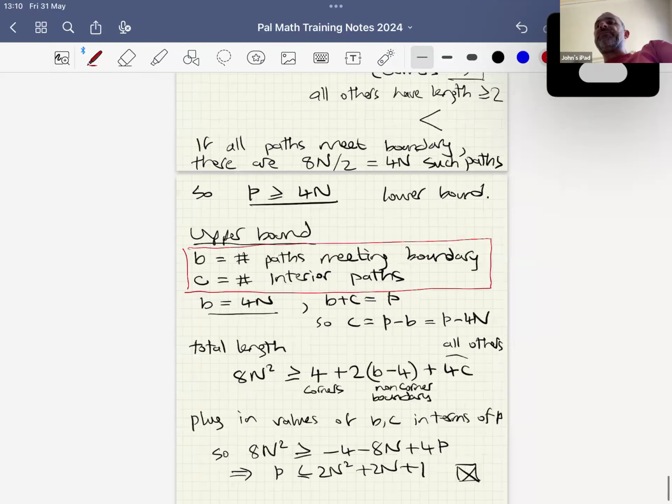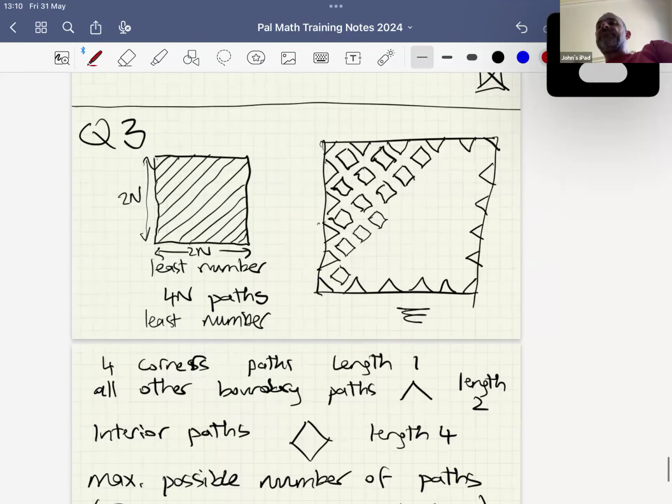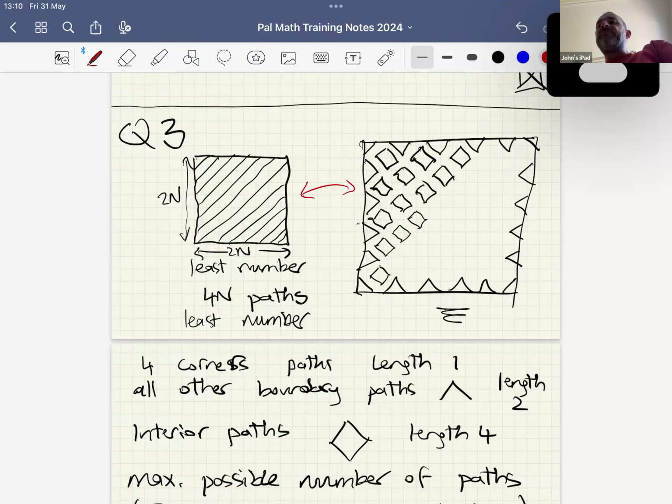And then you need to have some way of showing that these two extreme configurations give you the upper and the lower bounds.